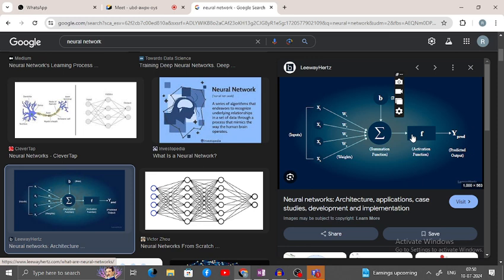There are several types of activation functions. After coming out of that activation function, you get y. That y, whatever I wrote, is coming out of the activation function.